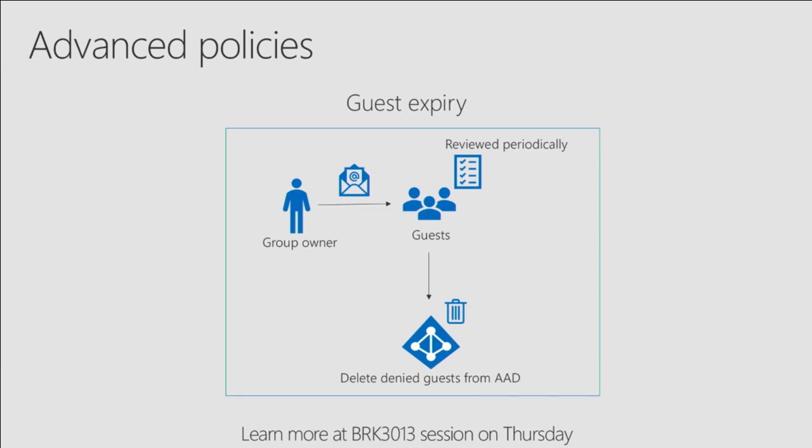You can keep it 180 days, 120 days, based on your requirement, and then the group owner will receive an email, and the group owner can choose to extend the membership, they can decline, or they can even ignore, they won't even take an action. In the last two cases, the guest will automatically be removed from the group, and can later be cleaned from the AAD directory as part of this policy.